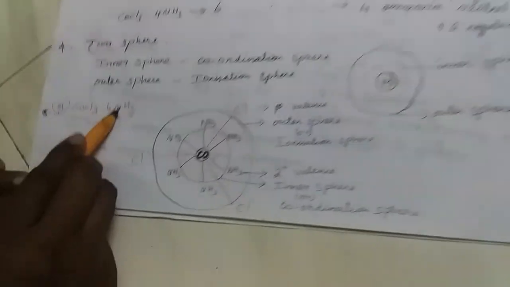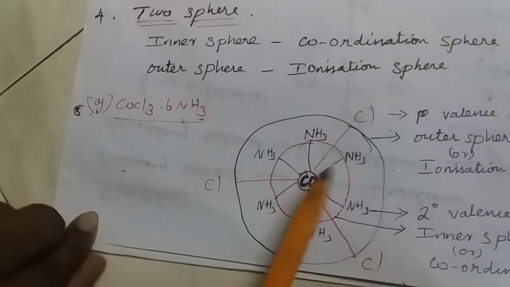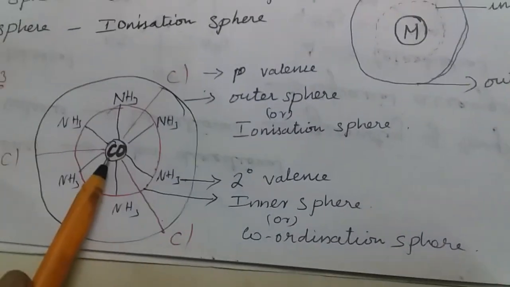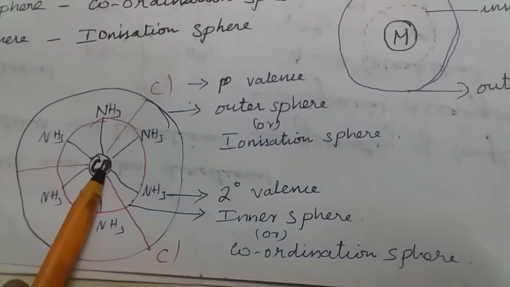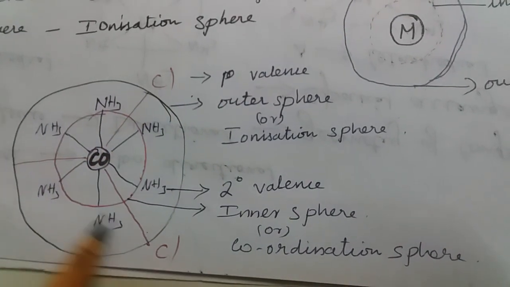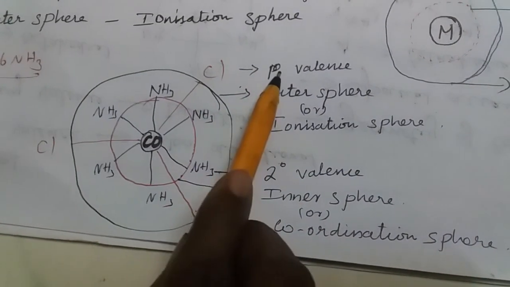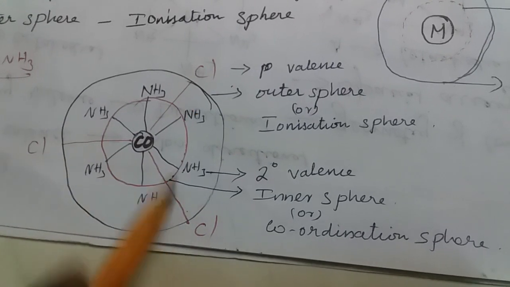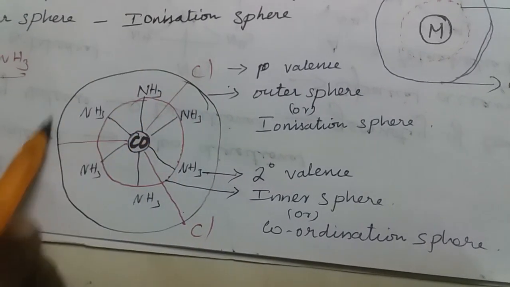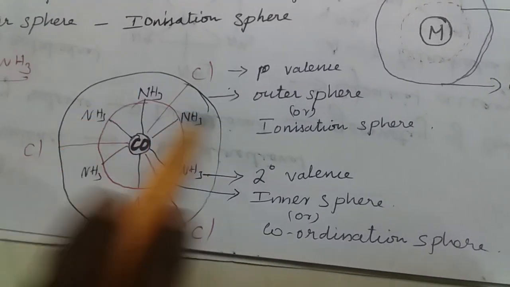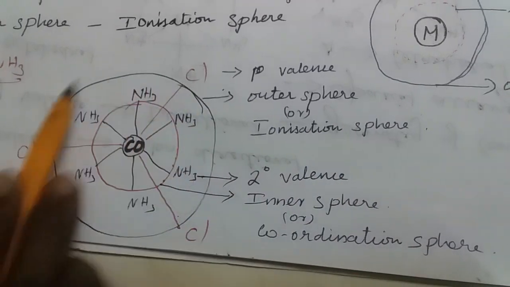Right. For example, CoCl3·6NH3. See the example. Cobalt is the central metal atom. 3 Cl is the primary valency, occupied in the outermost sphere, otherwise called the ionization sphere.